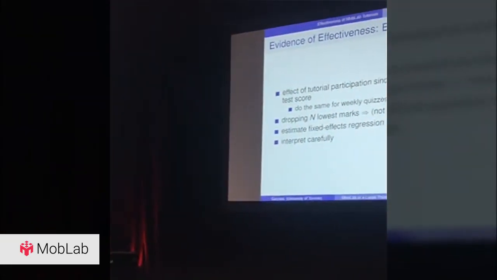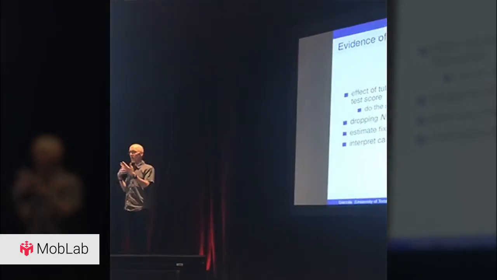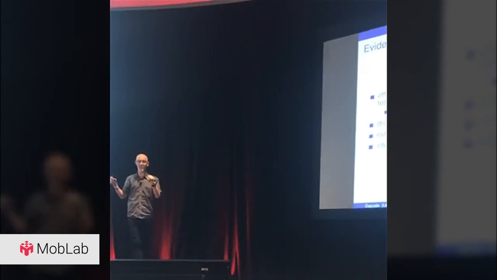Then what I am able to do is look within each subject and see if the number of tutorials that they've missed since the last term test affects their performance on this particular term test. Does the number of quizzes that a student didn't take since the last term test affect performance on this term test?